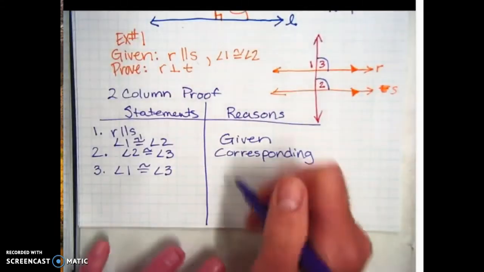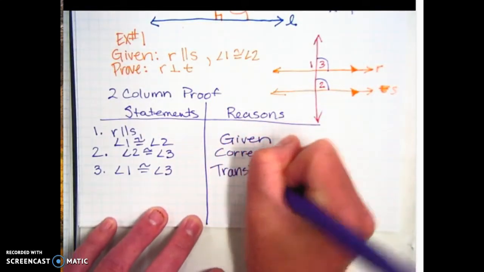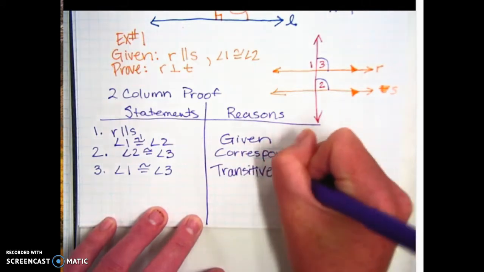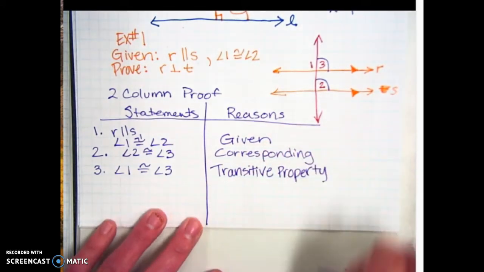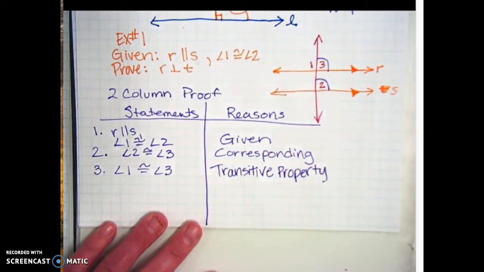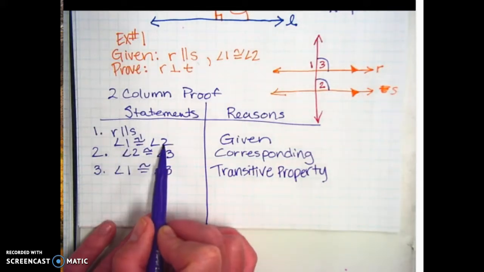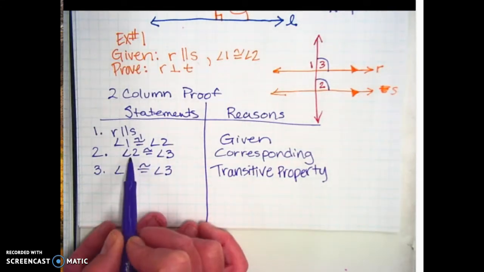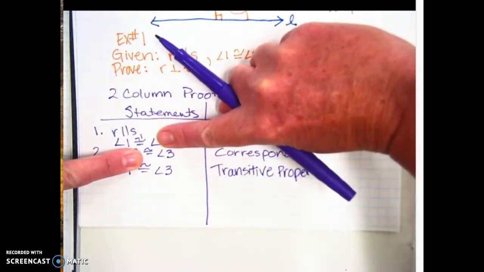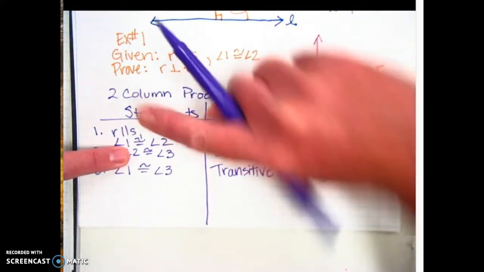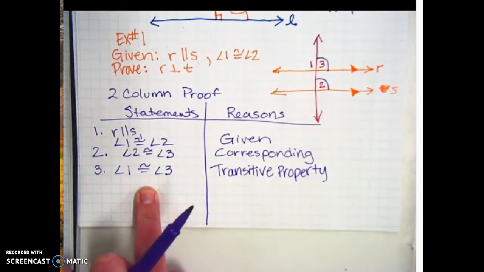That's what we call the transitive property. It works because if you cross off the angle 2's, you've got angle 1 and angle 3. So that's what we wrote for statement number 3, that angle 1 was congruent to angle 3.